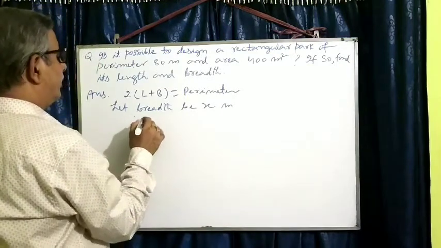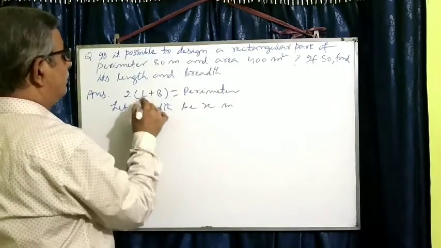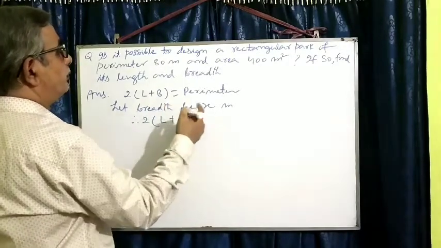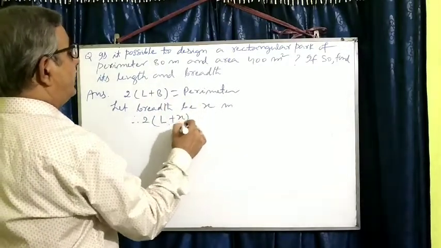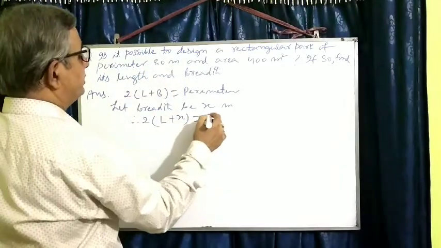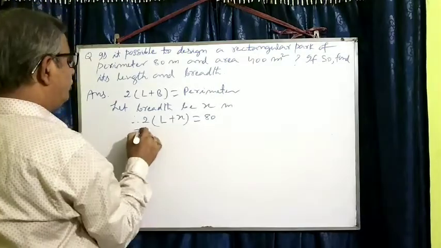Therefore, 2 into length plus breadth, instead of breadth we are writing x. And perimeter is already given. How much is the perimeter? 80 meter.